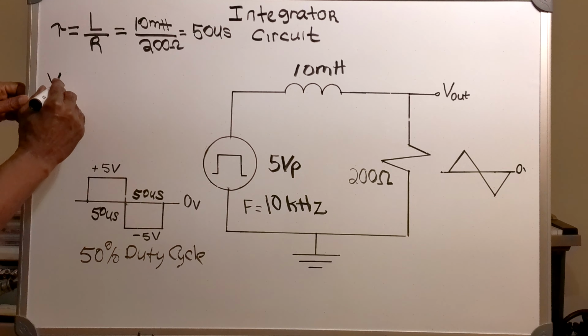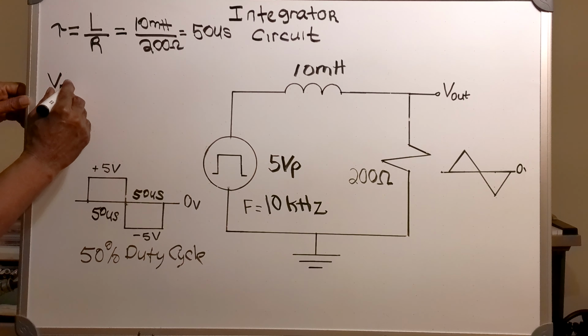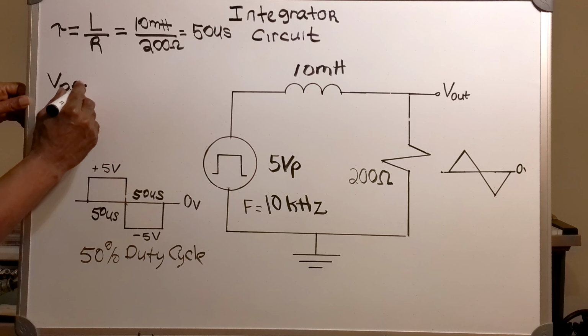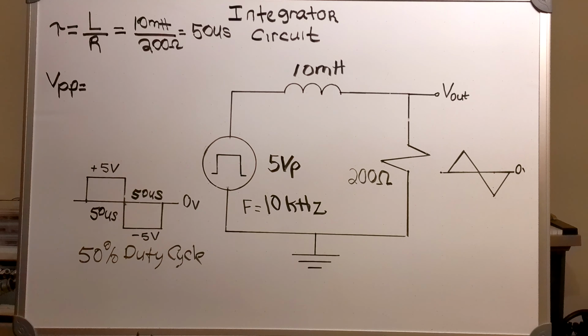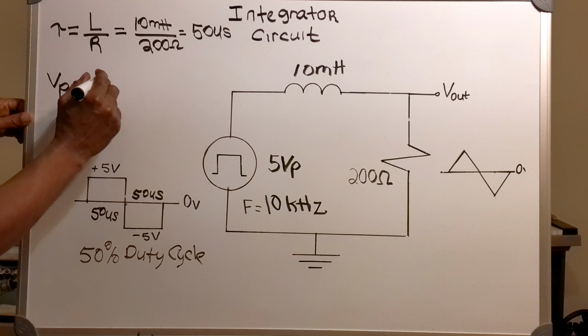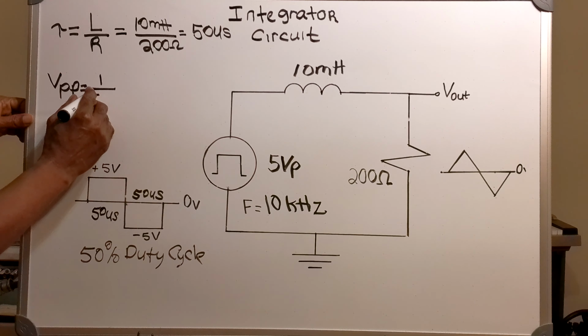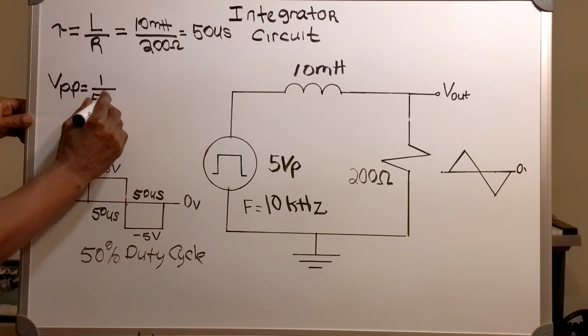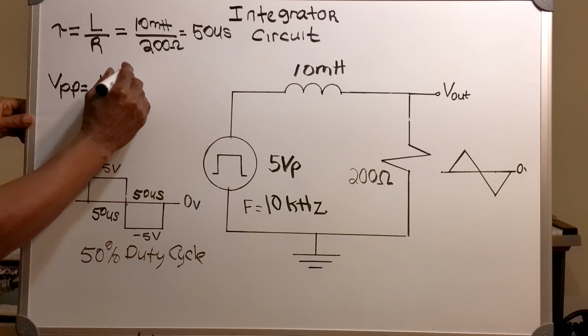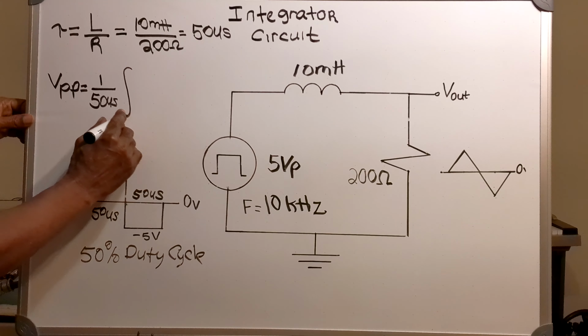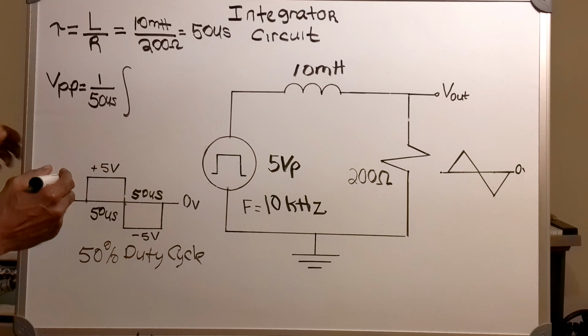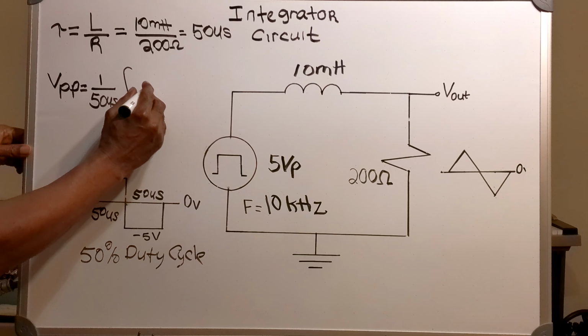Now my voltage will be a peak-to-peak voltage on my output, and it's 1 over 50 microseconds times the integration of 5 dt.